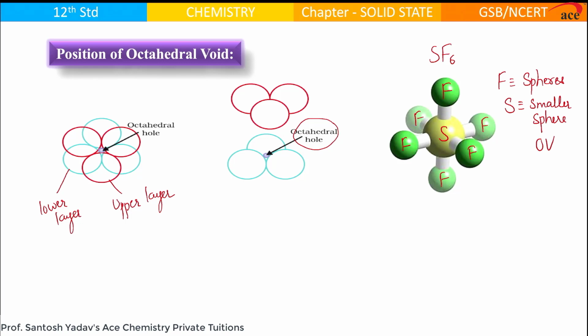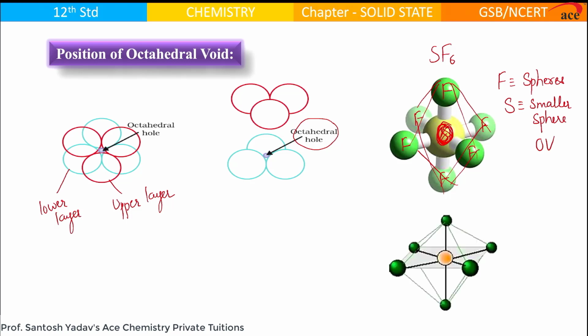So, you should know the things trapped in this space. This void is nothing but an octahedral void. So, you should imagine in SF6 sulfur is your octahedral void and 6 fluorines are your spheres which are trapping that octahedral void.